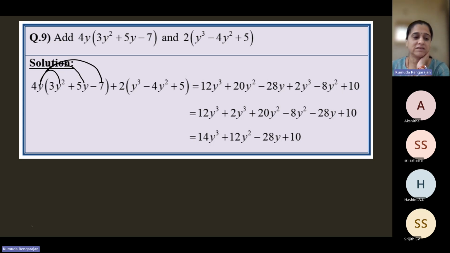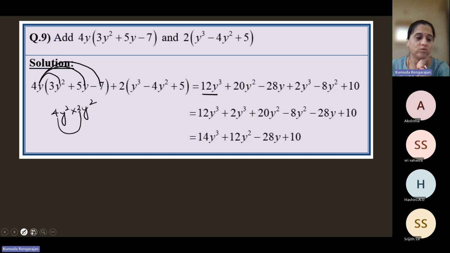Okay, so see here. So plus because it's addition, all right? Now, what do we do? Multiply 4y with every term inside the bracket. See this one: 4y into 3y square, correct, Harini? How do you multiply 4 into 3? 12.